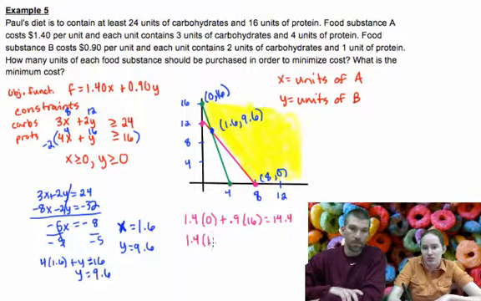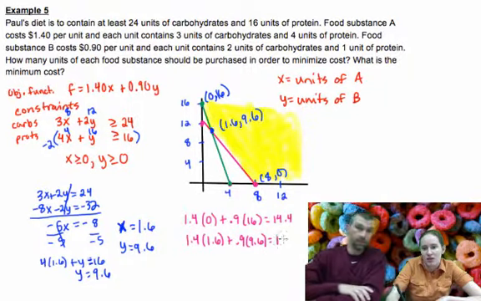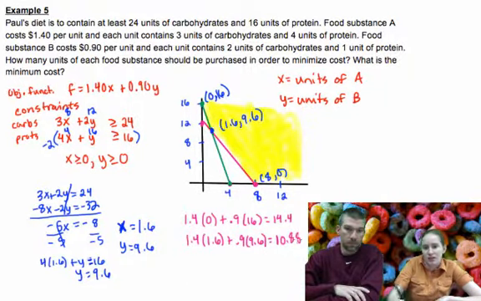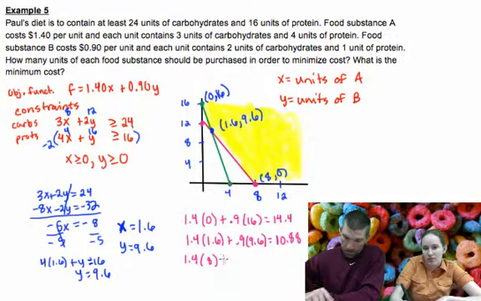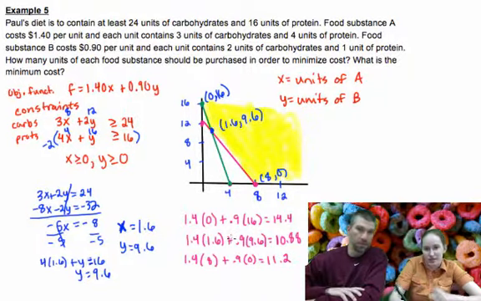Okay, and now let's do 1.6 and 9.6. That's 10.88. So that one's already smaller than our first one. And the last is 11.2. So it does confirm the middle one here.